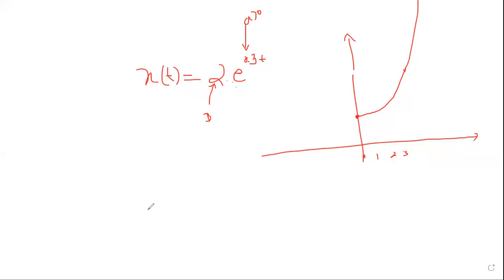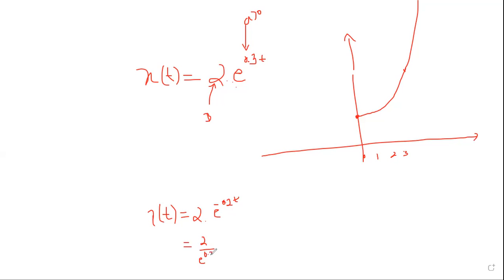If at all I take an example, x of t equal to something like, once again, 2 into e to the power minus 0.2 t. Can you guess what's going to happen? You can see now e to the power minus 0.2 t is also equal to 2 divided by e to the power 0.2 t, right?